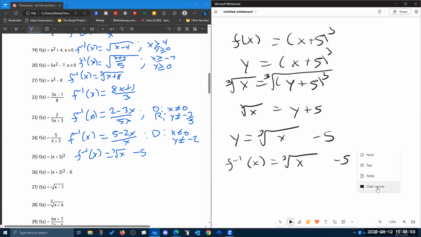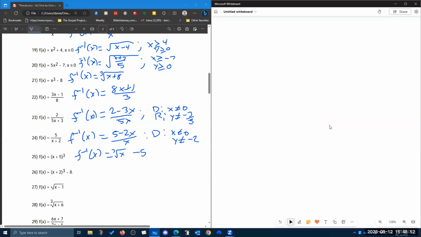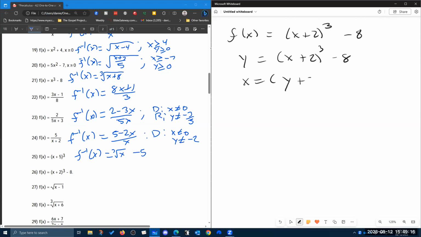F of x is equal to x plus 2 cubed minus 8. Replace f of x with y. Now we're going to switch x and y.